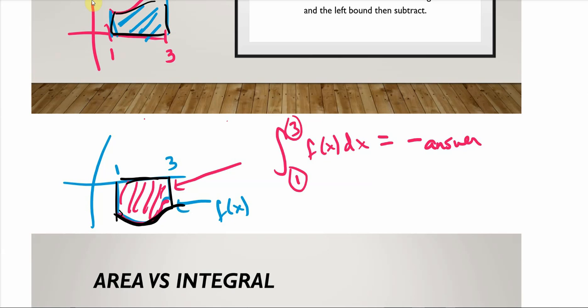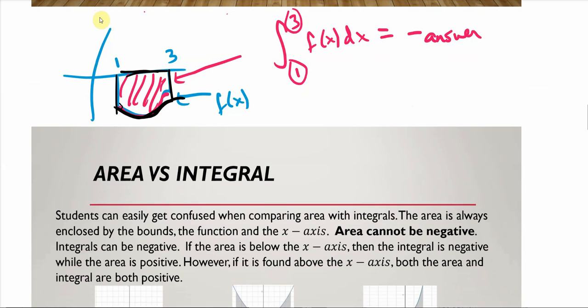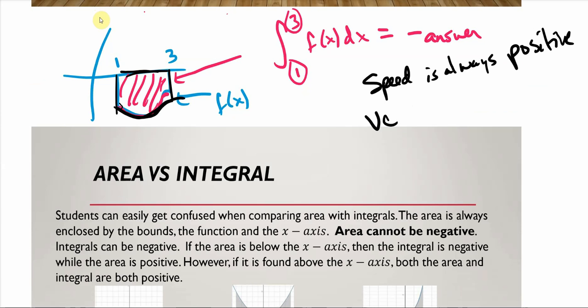Now, a relationship that you can always relate it to is speed and velocity. What you need to understand is that speed is always positive. It's how fast you're going. But velocity is also a speed, so what happens if you're going in the negative direction?